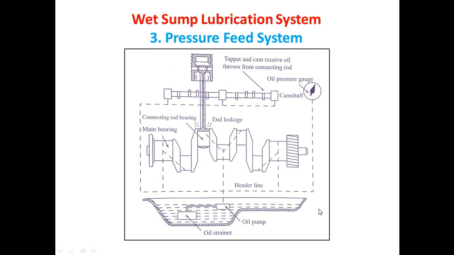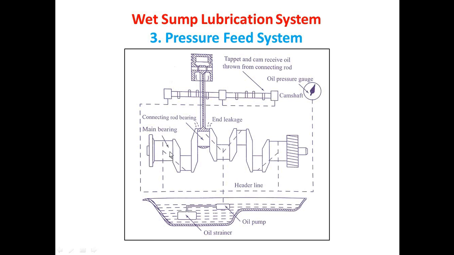Here we are having the lubrication oil sump, which consists of the oil strainer and the oil pump. Now this oil pump will pass that pressurized lubricating oil towards the header line, or you can say the main pressurized lubricating oil line. This pressurized lubricating oil is further transferred to the crankshaft, which is having a drilled hole in it.